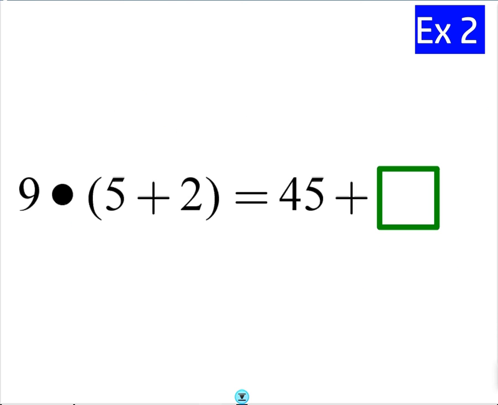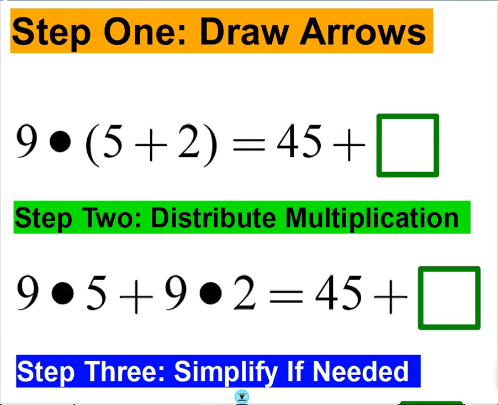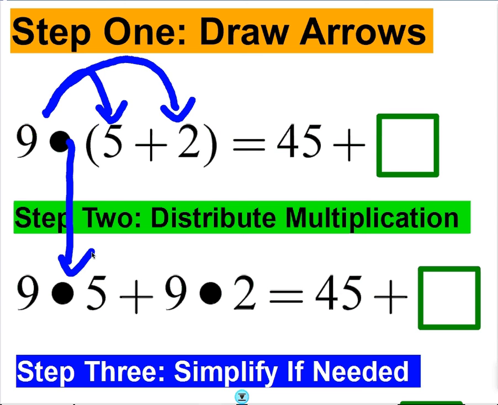Next example, we have 9 times 5 plus 2 is equal to 45 plus what? In this case, we're actually going to simplify a little bit to figure out what number goes in there. Go ahead and draw arrows real quick. So it's going to be 9 times 5 plus 9 times 2, and that will drop down and become this right here.